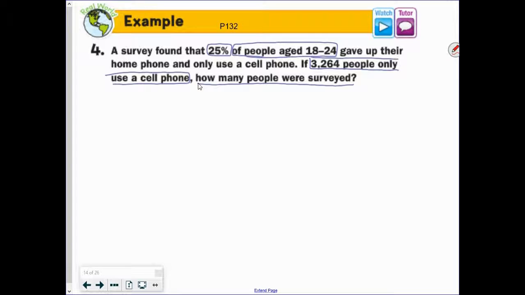If we're going to use our percent equation, part equals percent times the whole, I might not be able to use the is and the of method with a word problem, because sometimes those words just don't appear.